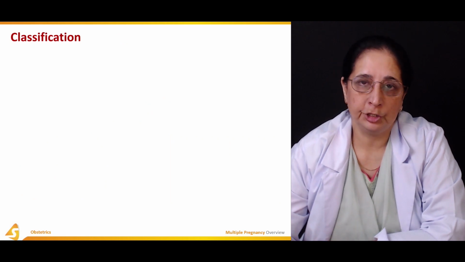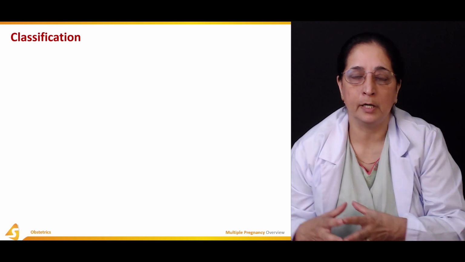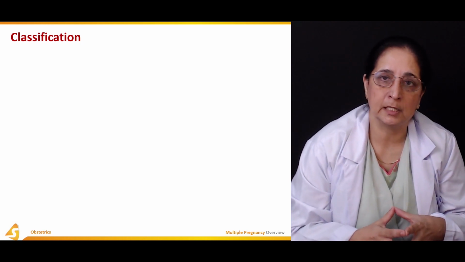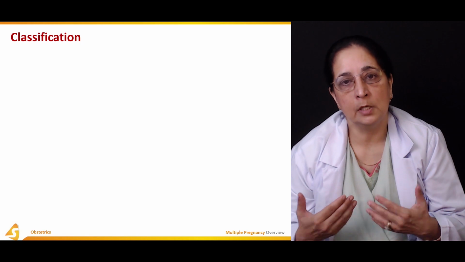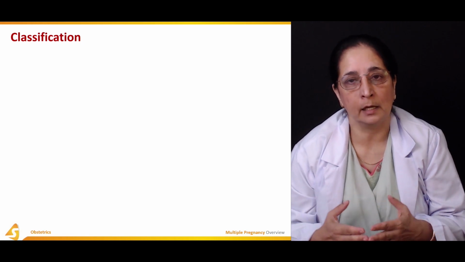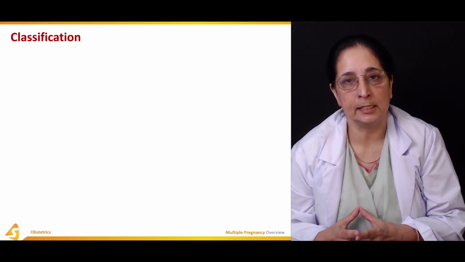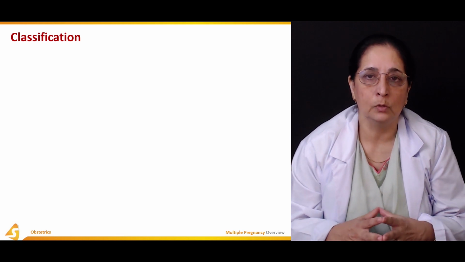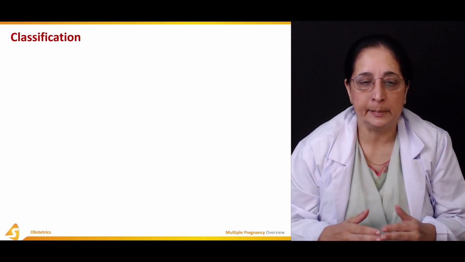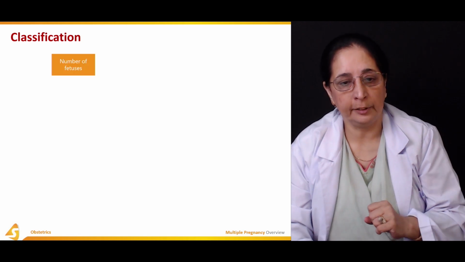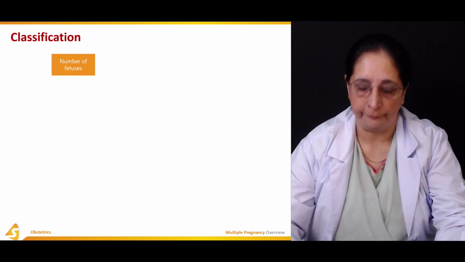The classification of multiple pregnancy: we classify them according to the number of fetuses, the number of placentas, and amniotic cavities. All these lead to the classification of multiple pregnancy. First and most important is the number of fetuses.